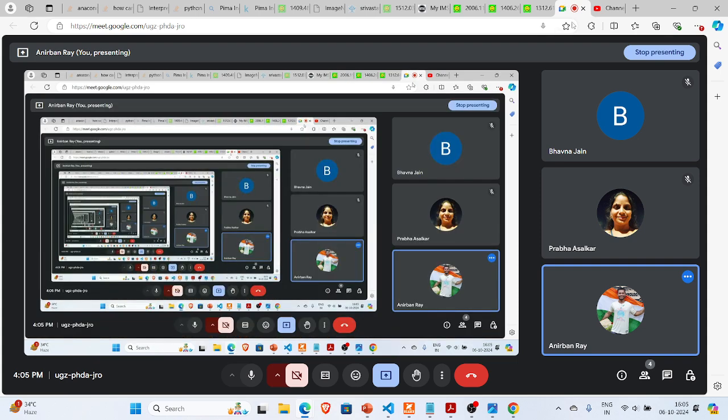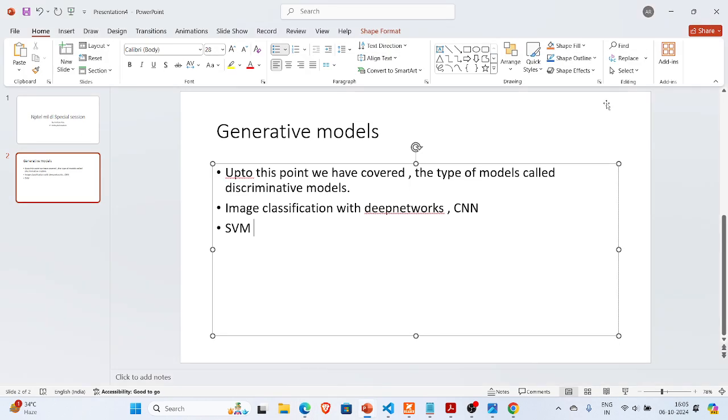The models we have covered till date are called discriminative models, like CNN for image classification, or SVM for some other classification, or linear regression models.